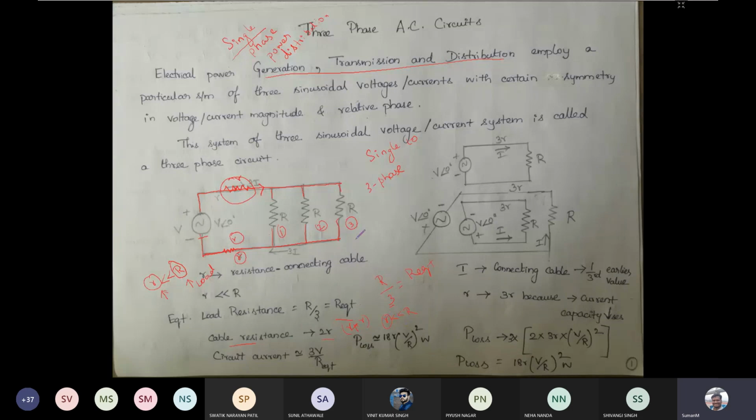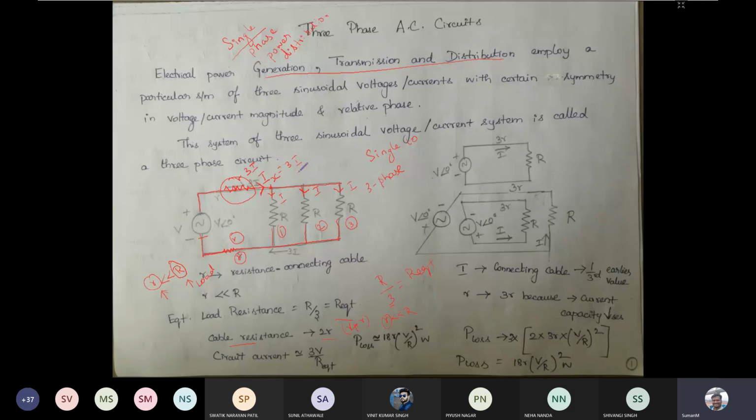The current coming out of the source, we will consider as Ix. Since all the resistances are the same, the current flowing through all the resistors will be identical, I. If we apply KCL here, then 3I flows through this path. So Ix is equal to 3I.